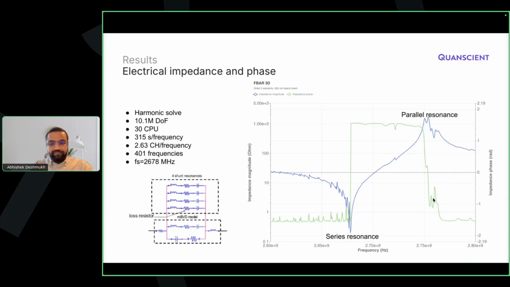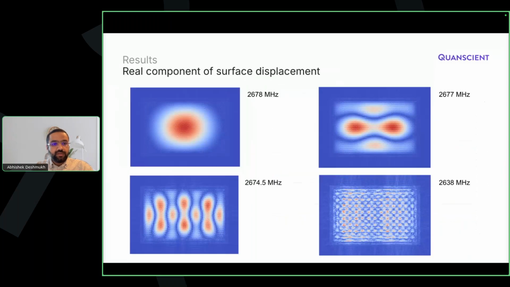And what I wanted to highlight here was these impedance plots show these ripples here, or so-called other modes. And these are the lateral modes, which are not desirable because they are affecting the impedance itself, and adding noise to the frequency. And any noise that's added to the signal is undesirable.